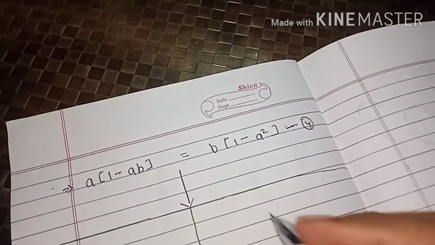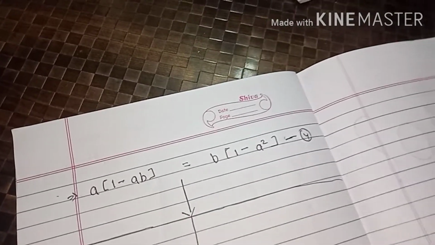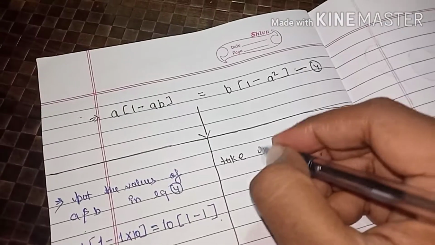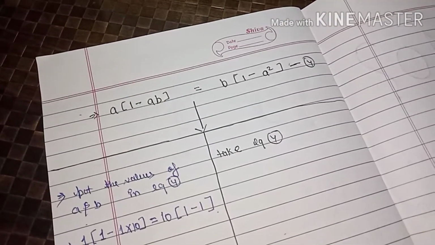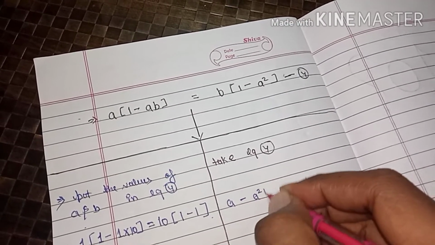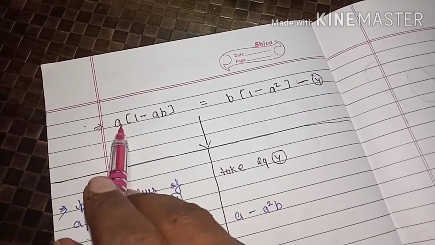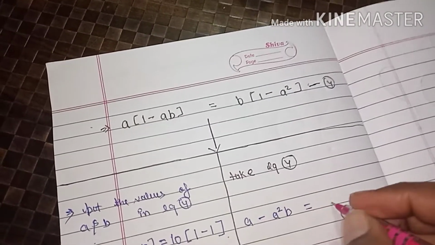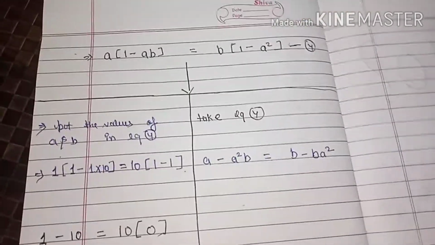Okay, so take equation 4. So we get A minus A square B, we multiply A in this and B in this, is equal to B minus B A square. Okay, simple.